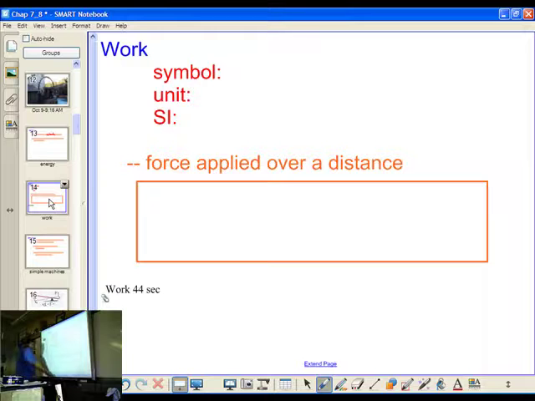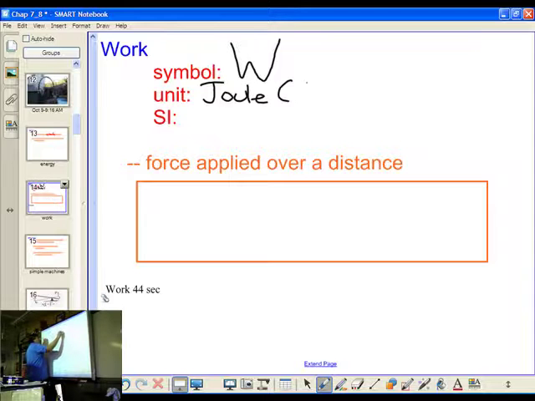Now work. The symbol for work is a capital W, which is why I don't like using W for weight, like they did in the last unit. We'll use F sub G, force of gravity. W is work. Our unit is the joule, capital J. We honor James Joule, who basically had an experiment that showed that all energy was the same.